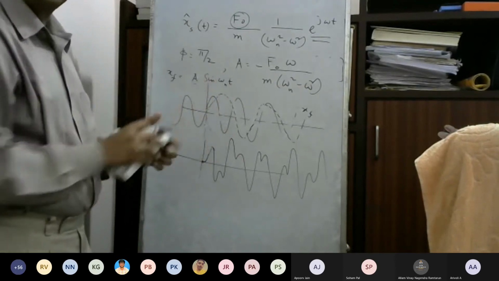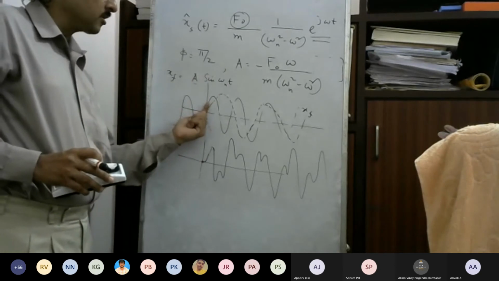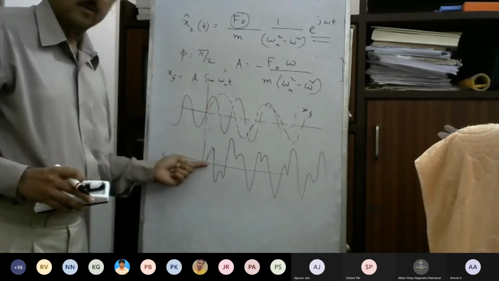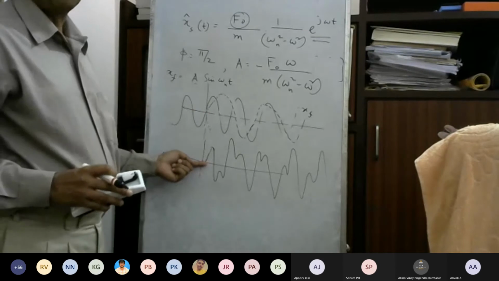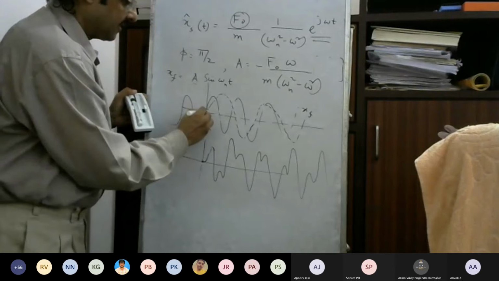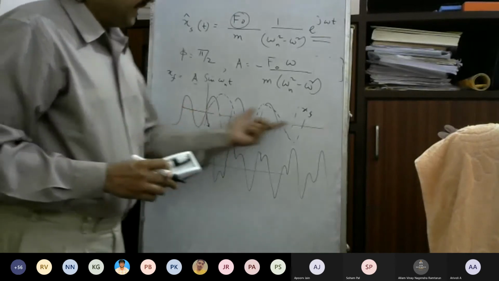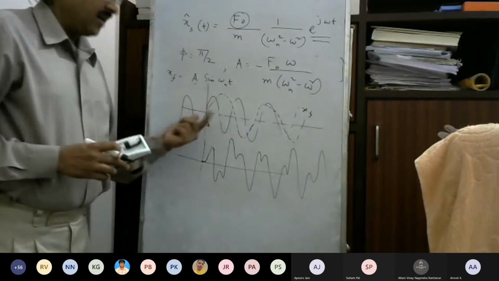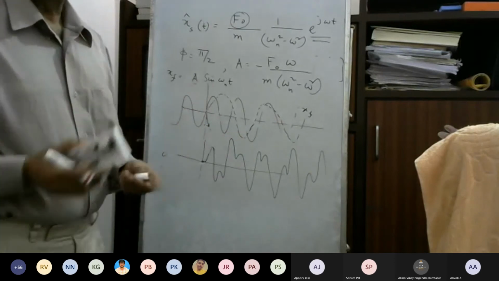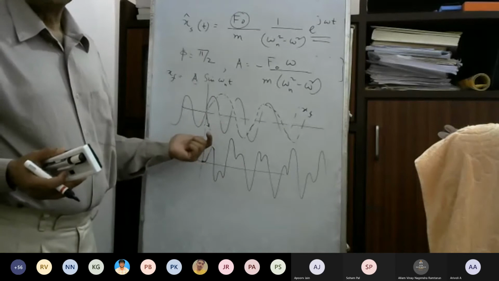Otherwise, it will add up these two velocities. If you add these two slopes, they must give a 0 slope, because the velocity has to be 0 at this point. So it is only possible if it goes in the other direction, that means in this particular direction. Anyway, the free vibration part will generate itself in such a way that the initial conditions are satisfied.